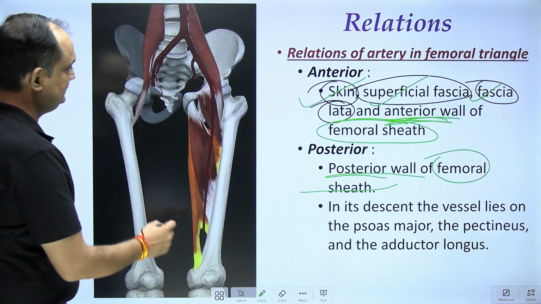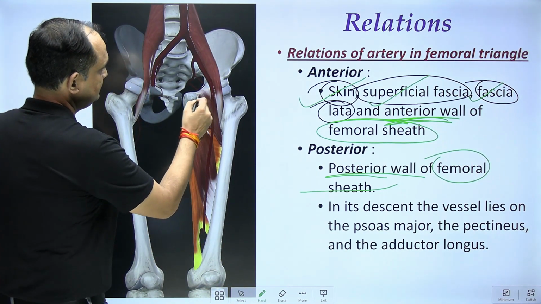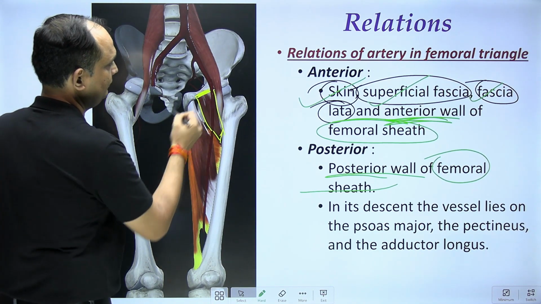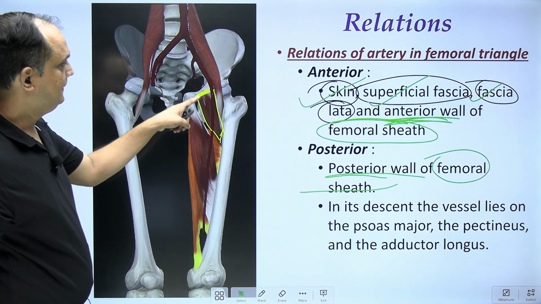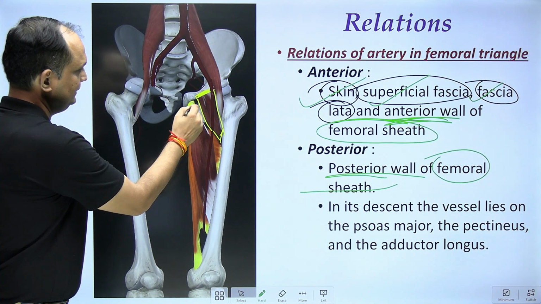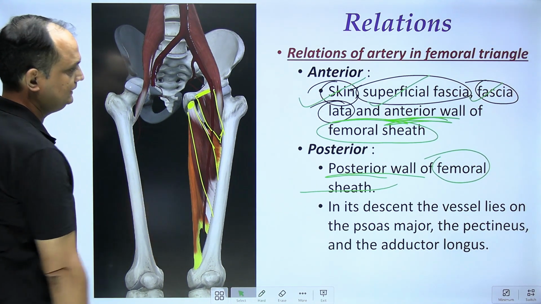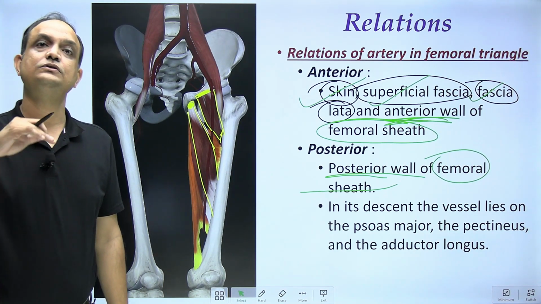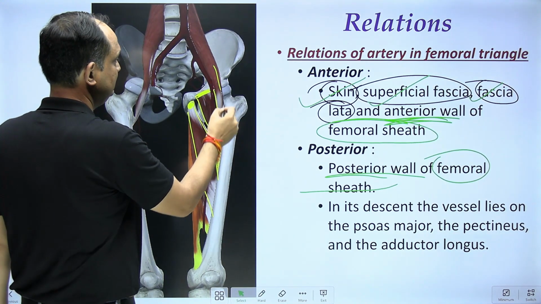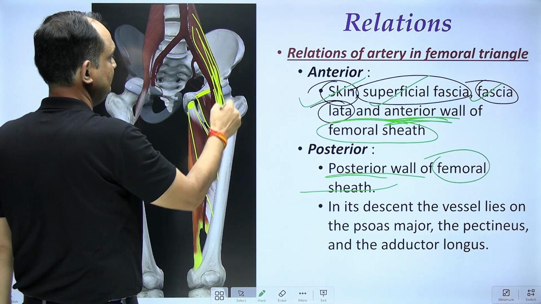So my dear students, here you can see there are 3 muscles if you see from above downward. This is your pectineus. Here you can see it is arising from the pecten part of your hip bone. Then this is the adductor longus, which is coming from the anterior surface of the pubis and going downward. And then there is one more muscle in the upper part, where you have some relation with this muscle, and this is your psoas major.